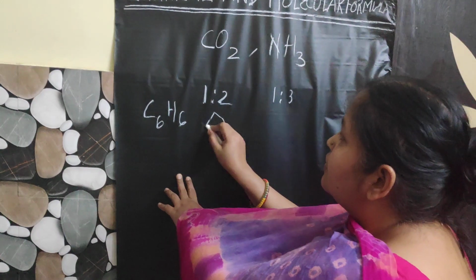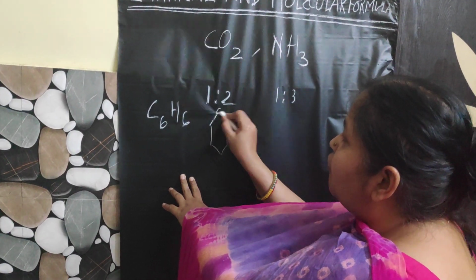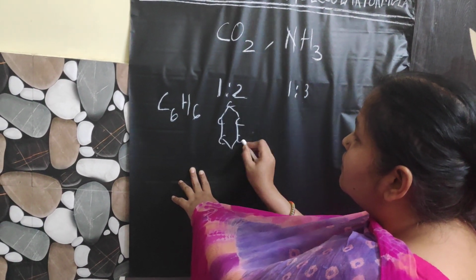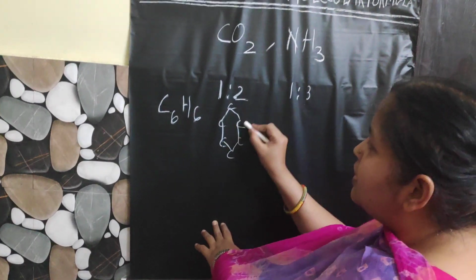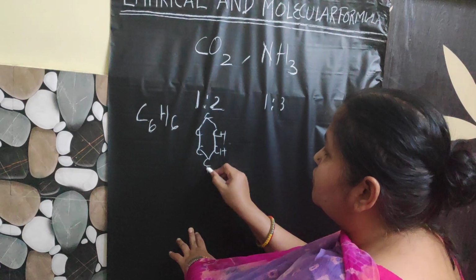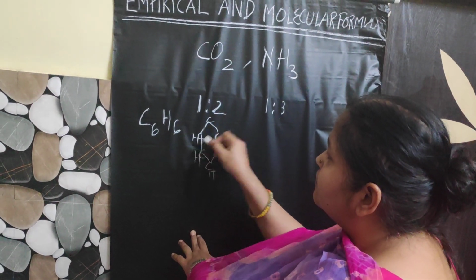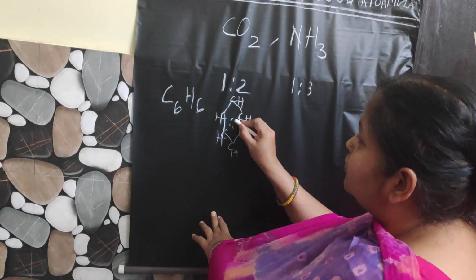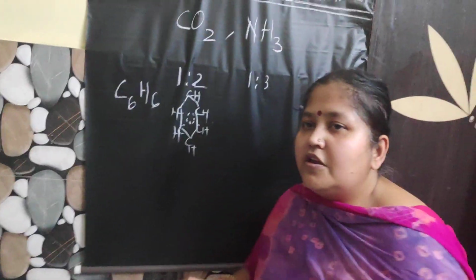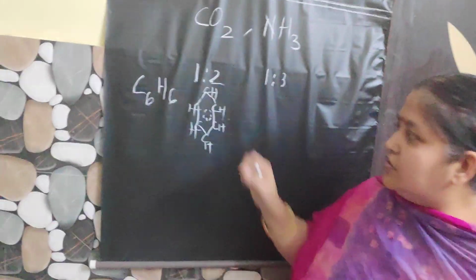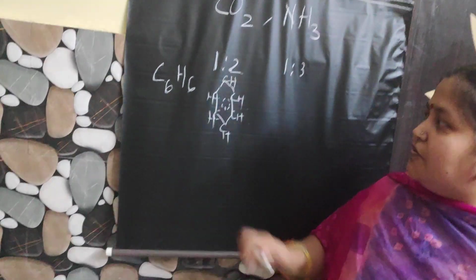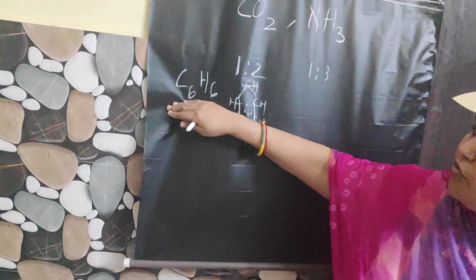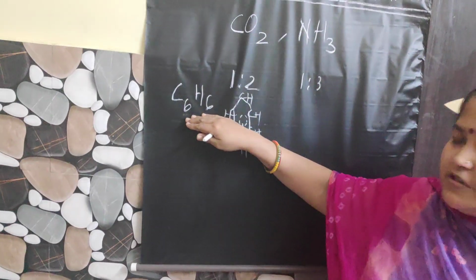In this benzene ring all the 6 carbon atoms are there, 1, 2, 3, 4, 5, 6, and everywhere we have a hydrogen along with it. Generally the electrons are resonating or circling, that's why we draw it like this, with alternate double bonds. So what we are studying, C6H6, is benzene.